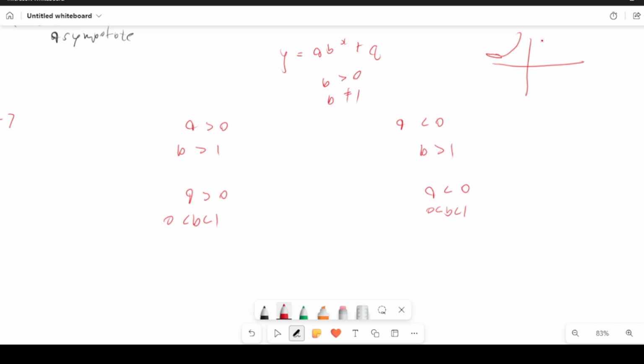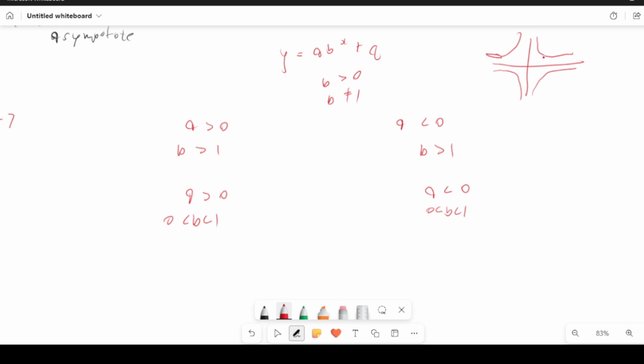If we want to draw a decreasing function above an asymptote, it should assume this shape. A decreasing function below the asymptote should assume this shape. And an increasing function below the asymptote should assume this shape. It's just a quick diagram that we can refer to when we're trying to understand whether a function is increasing or decreasing.